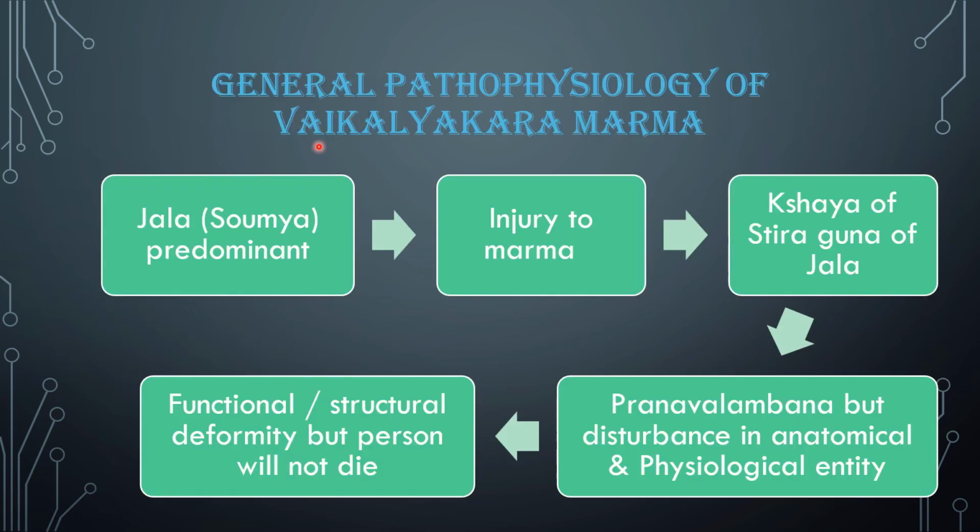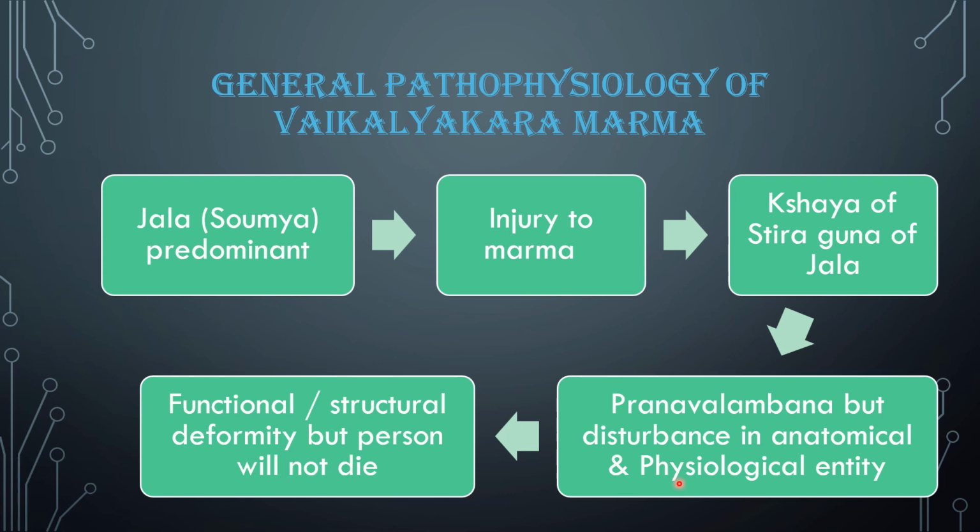General pathophysiology of the Vaikalyakara Marma. Again, it is Saumya Pradhanata or Jala Mahabhuta Pradhanata. If any injury occurs to the Marma, there will be Kshaya of the Sthira Guna of the Jala, that is, the Sthiratva of Jalaguna will decrease. Then Pranavalambana, but disturbance in the anatomical and physiological entity. So there will be only Kshaya in the Sthira Guna that leads to disturbance in the anatomical and physiological entity.